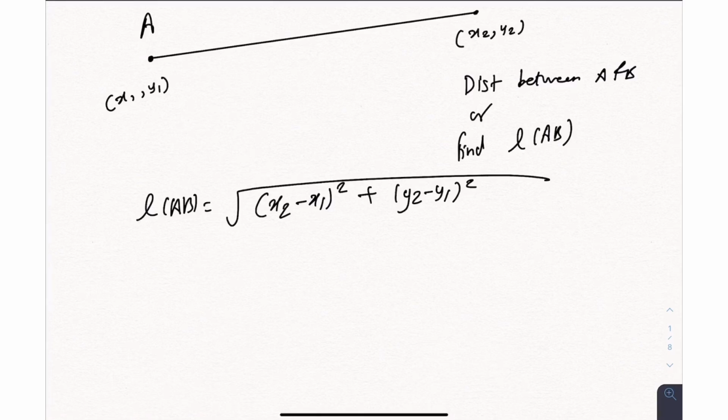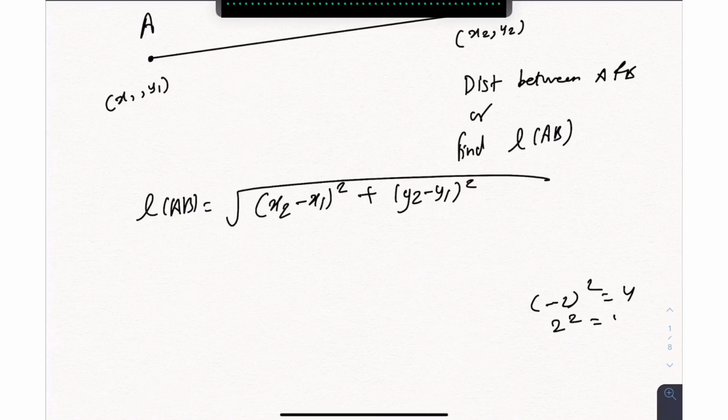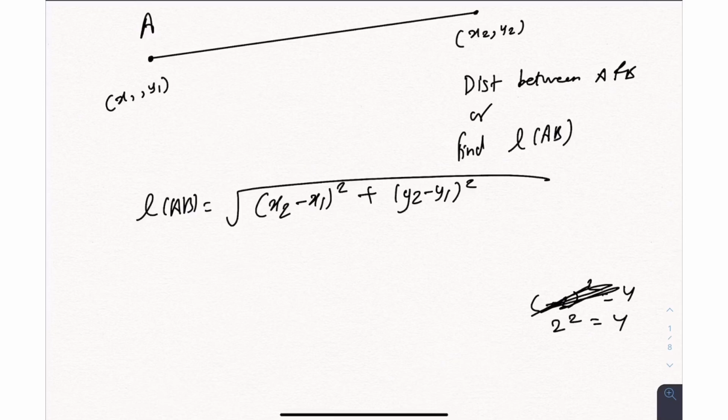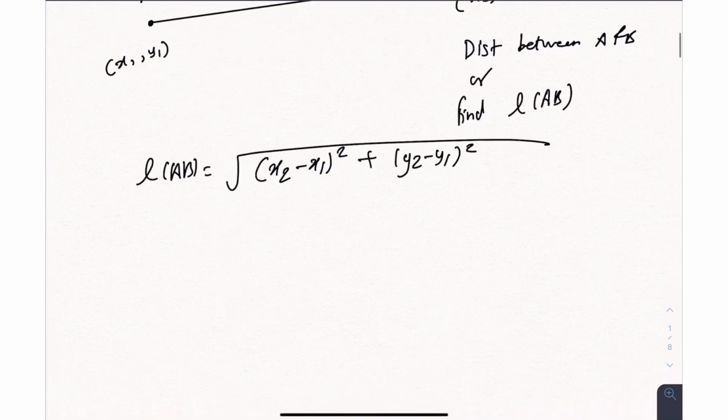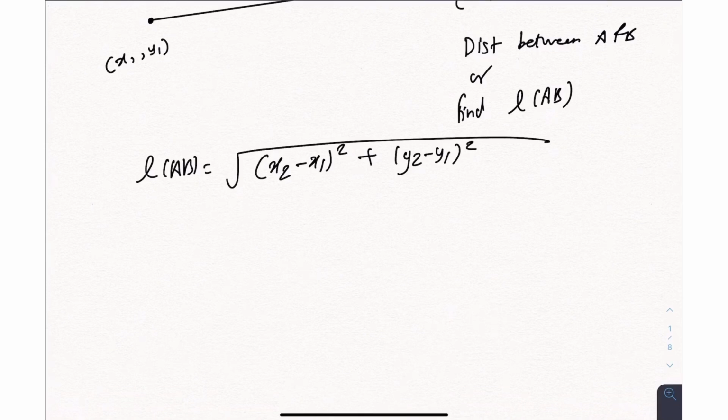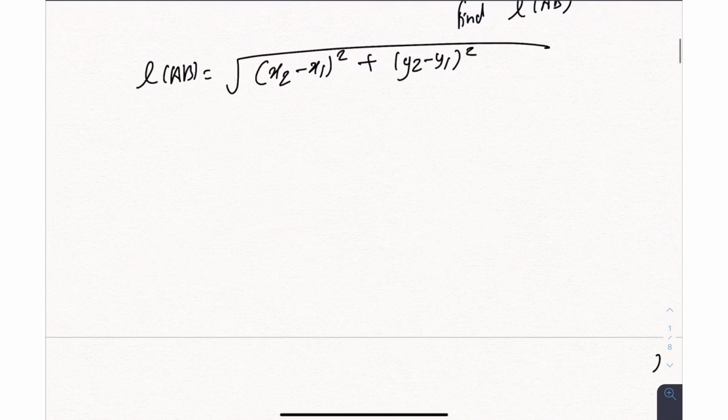Suppose instead of x2 minus x1 the whole square, by mistake you have written x1 minus x2 the whole square, still you will get the correct answer, because x2 minus x1 is inside a square, and we know that minus 2 square is 4 and even 2 square is 4. I hope this part is clear to you guys. Now we'll be solving some questions so the concept will be clear to you.